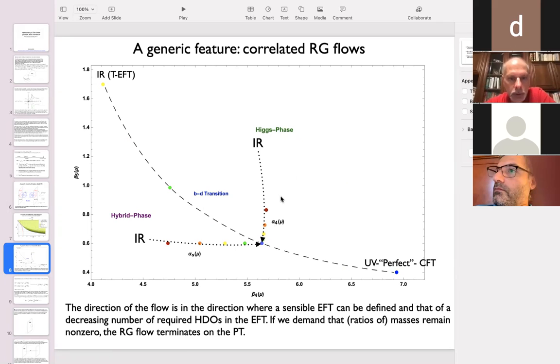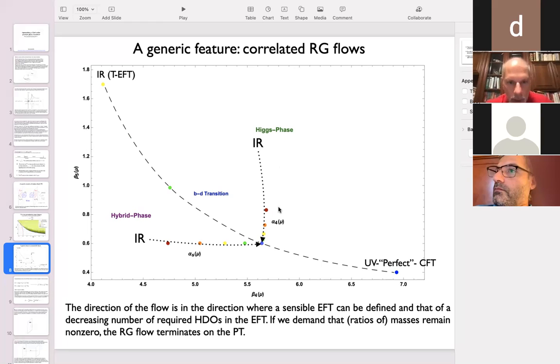But what is important is that each of these dots, as I showed you in the example of the phi to the fourth theory in 3 dimensions, is characterized by a value of the regulating scale mu of dimensional regularization. And the color code is such that as we go from red towards blue, we go from the infrared to the ultraviolet.